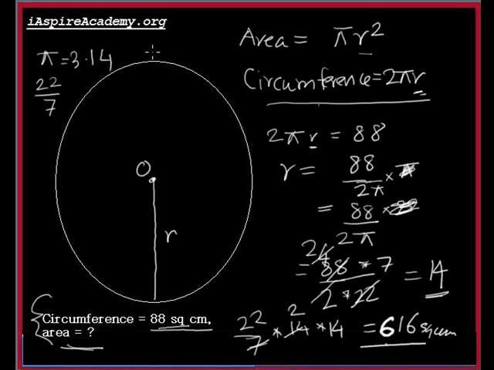So for example, if the radius is 10 or a multiple of 10, then it may make more sense to use pi equals 3.14. But here we used 22 by 7 because we saw that the circumference is a number which is divisible by 22.